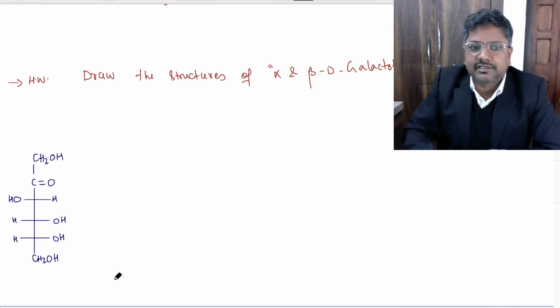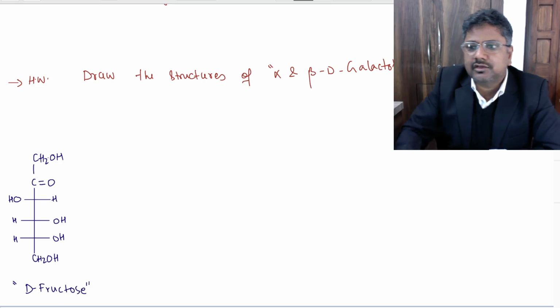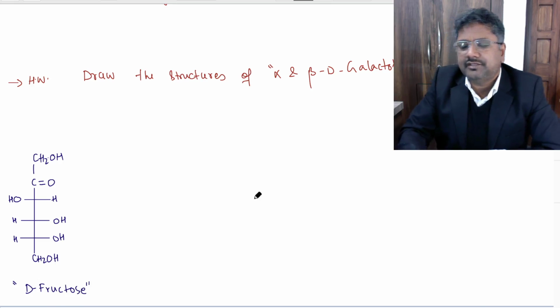So this is D fructose, keto sugar. What is the numbering of this?